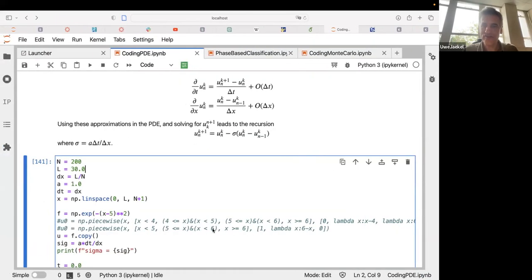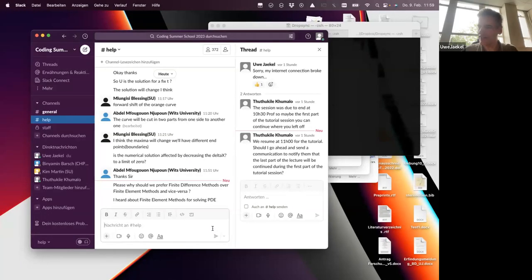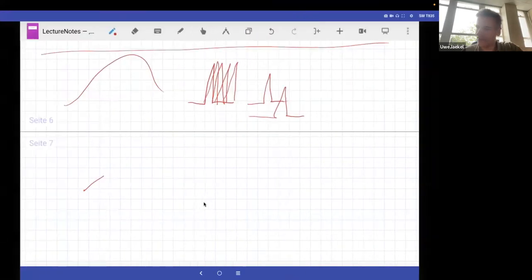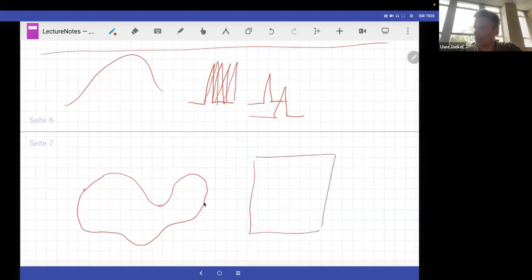These methods definitely have their advantages. For instance, if you have irregular geometries, they have many advantages over finite difference methods. Let's assume you have a complicated geometry, and you want to solve a differential equation on it, compared to a grid. On a grid, usually it's fine to introduce regular grids.